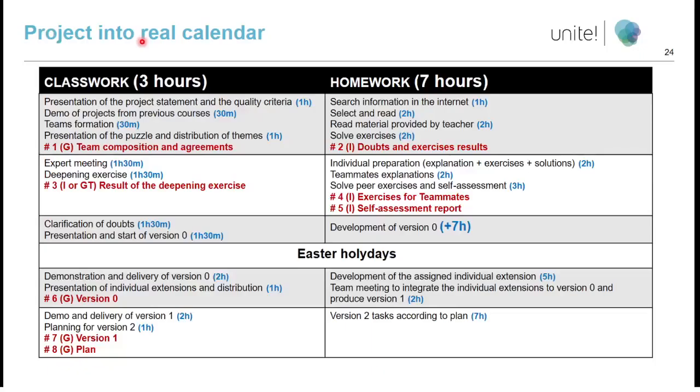There are several issues that we must take into account. For example, let's imagine that between week 3 and 4 we have a vacation period, for example Easter holidays. In this case, we can propose a version 0 with more ambitious requirements.